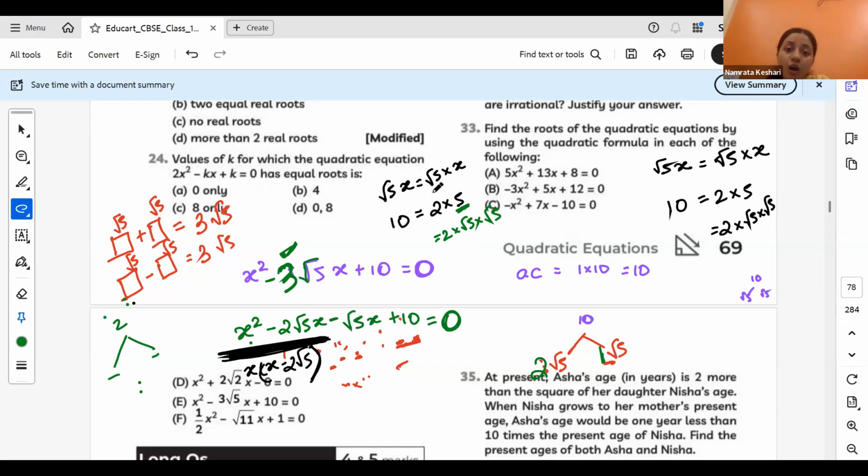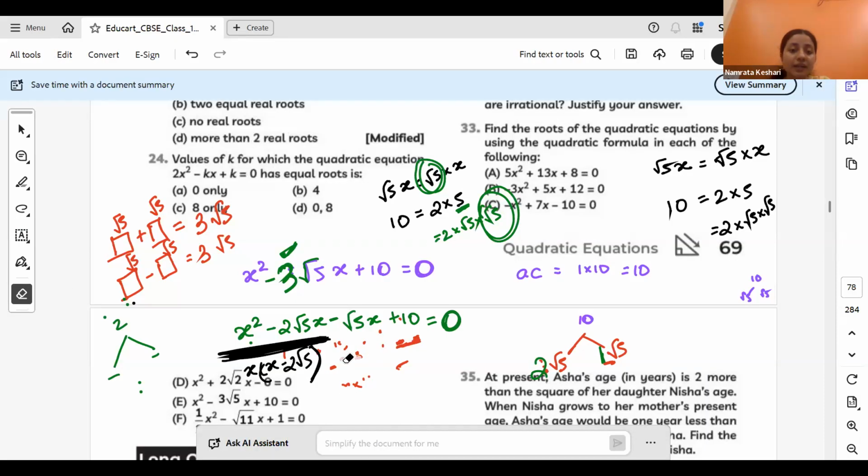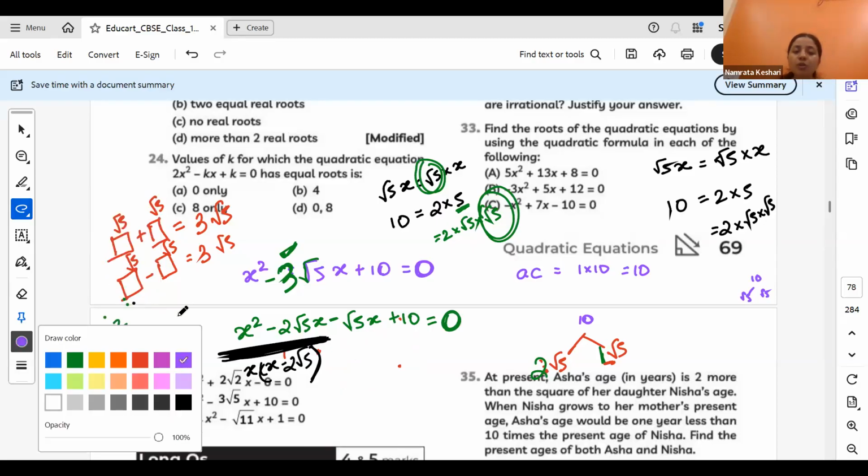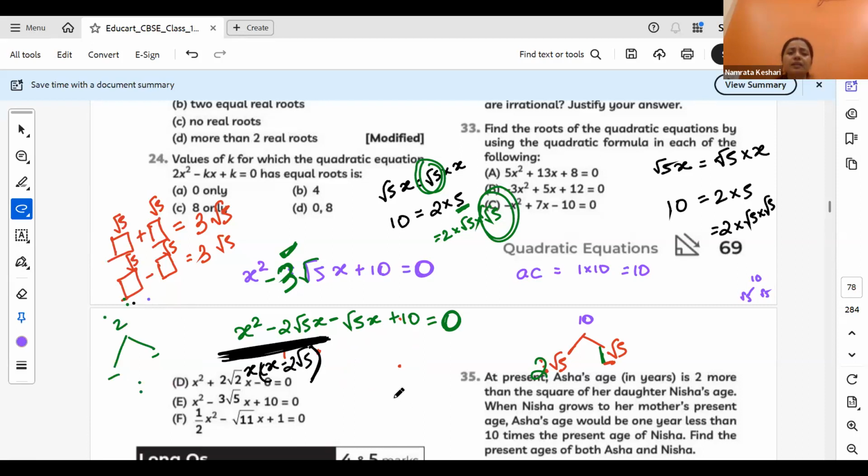Now you can see what is common: root 5 here, root 5 here. That is common. And what is remaining? x over there and 2 root 5 over here. Can you see that? Yes, ma'am. Okay, so this way you need to develop clarity. Then only this type of question you will be able to do by the method of factorization. Quadratic formula will help us doing it easily.